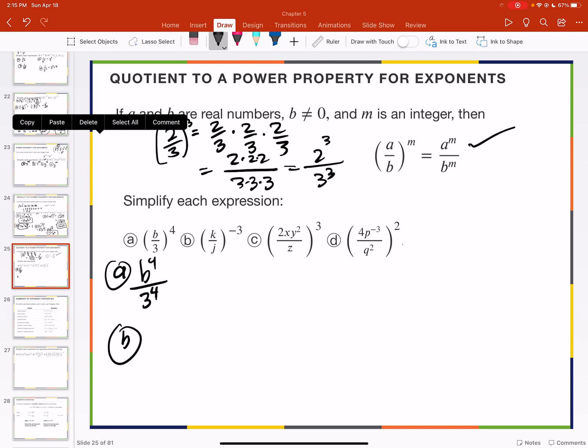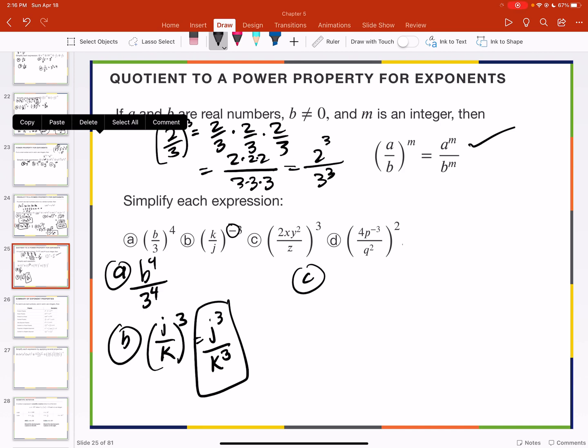For B, first let's get rid of the negative by doing the reciprocal to the 3rd power. So then that's just j cubed over k cubed. All right, so then C, we have 2xy squared, that's raised to the third power over z cubed.